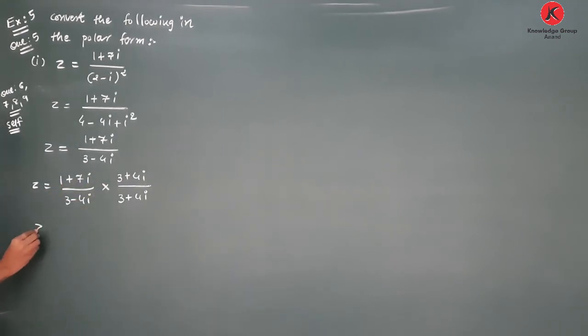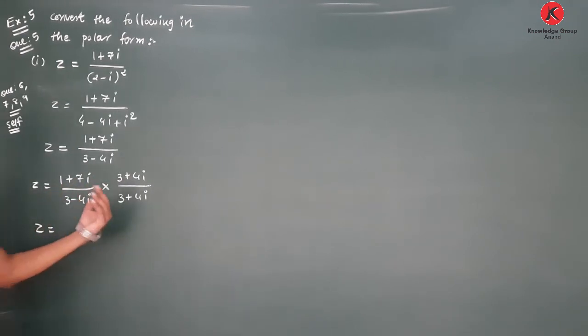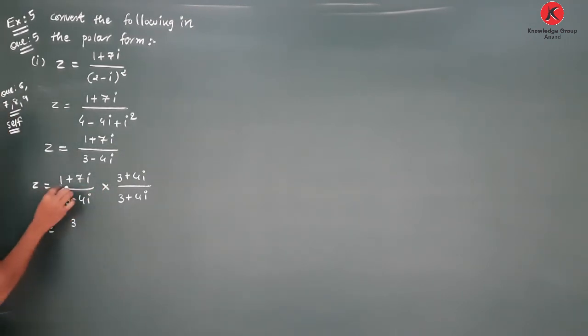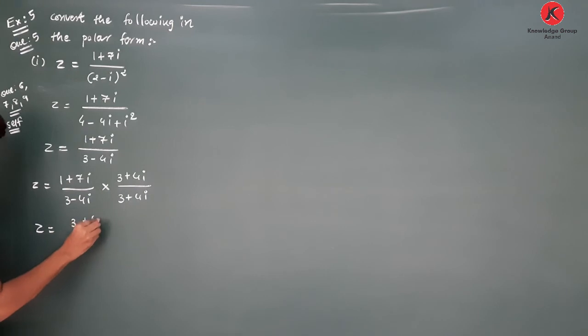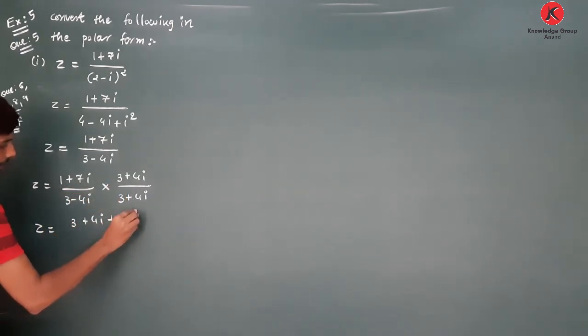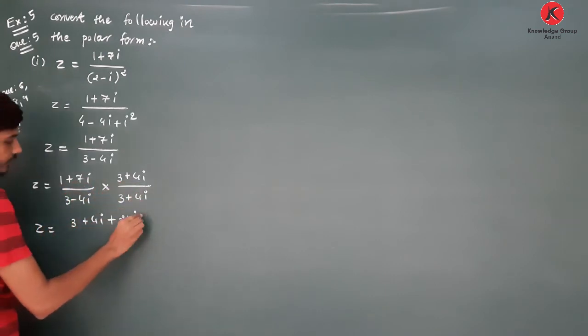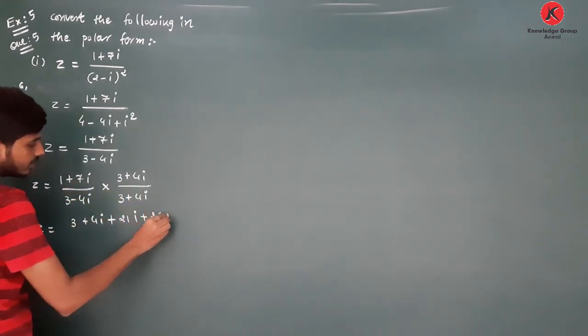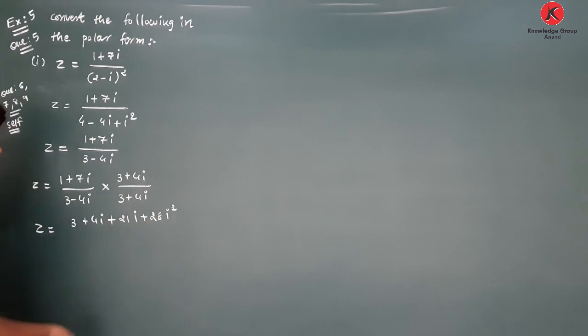Now multiply the numerator as well as the denominator. 1 into 3, 1 into 4i, 7i into 3 is 21i, and 7 fours are 28 into i square.